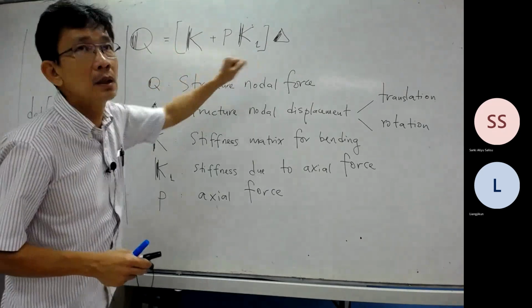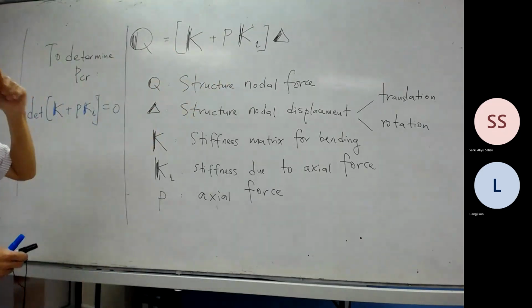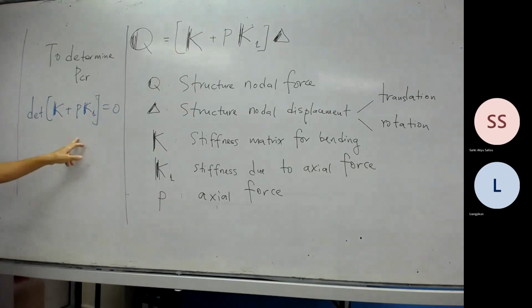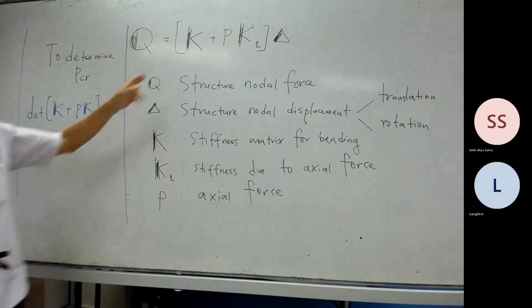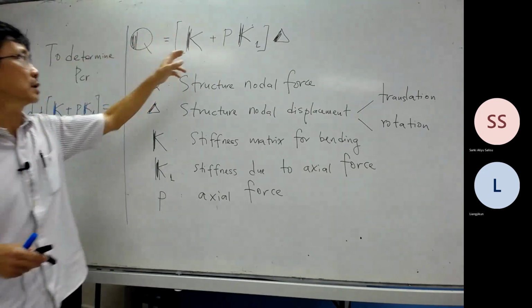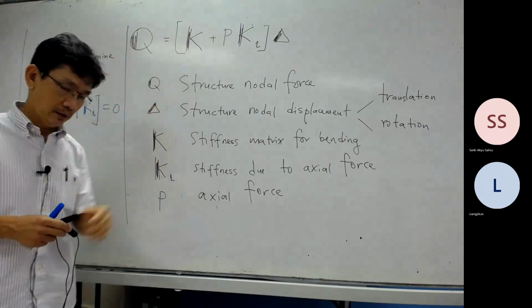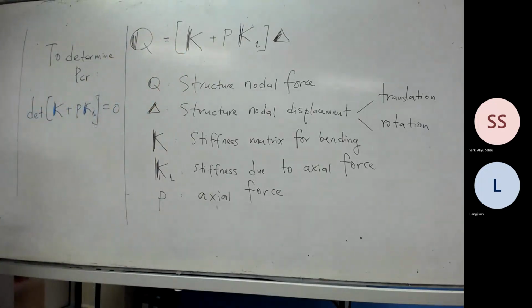Get this, and then only you can come to this part. And to get this, you must know how to get this big K from the small k.